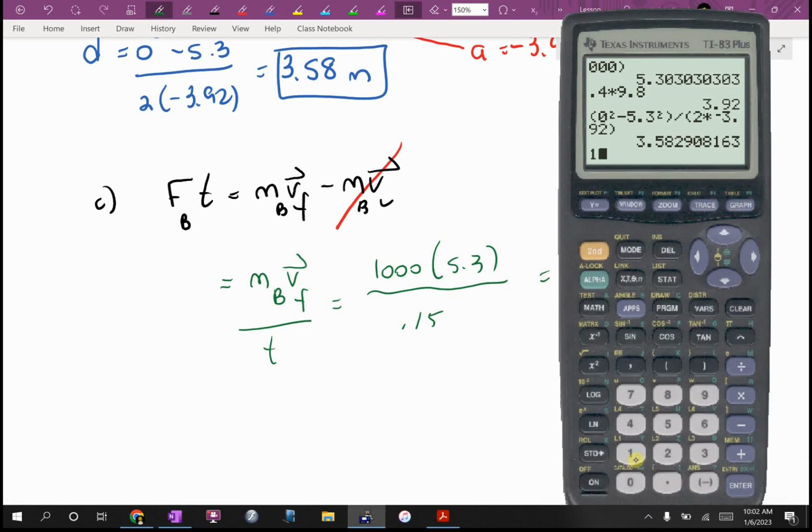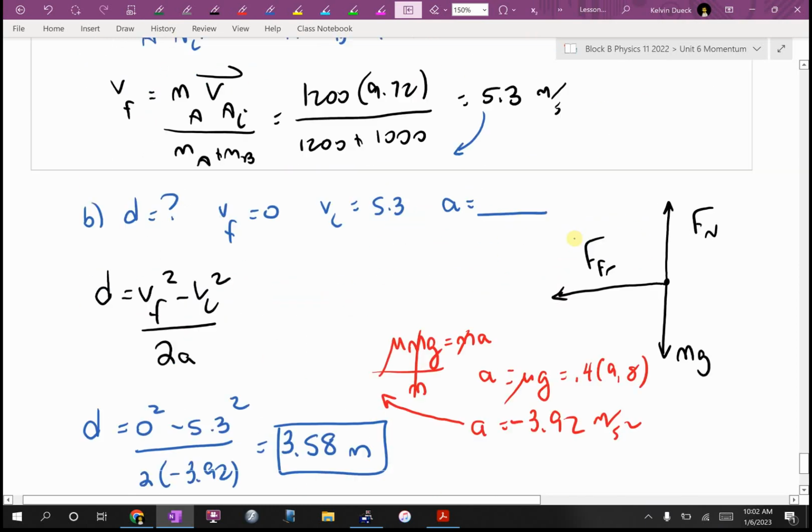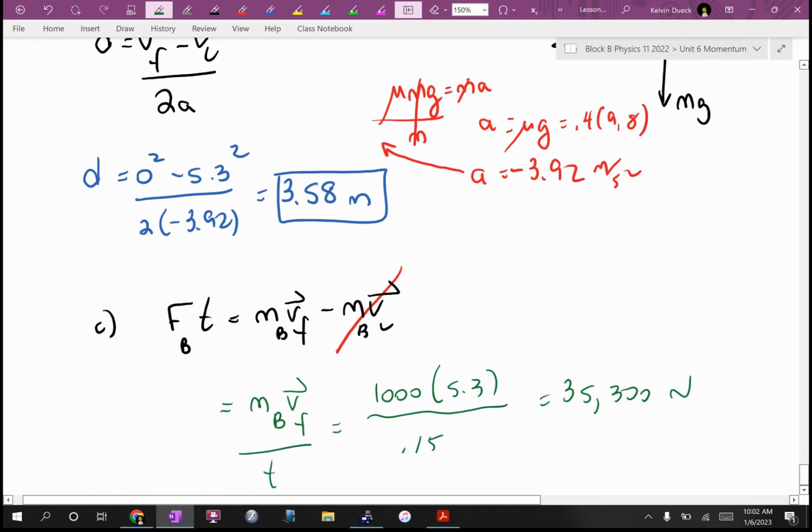So it's going to be 1,000 times 5.3 divided by 0.15, and I get 35,300 newtons, or 35,000 newtons, 35 kilonewtons.